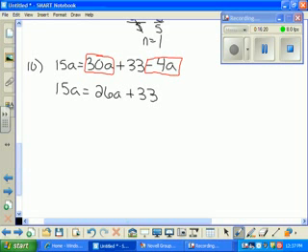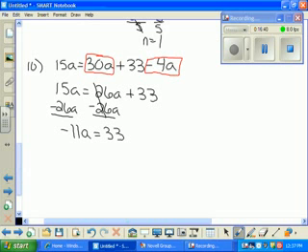Then you want to bring 26a over, so you're going to subtract 26a from both sides. What's 15 minus 26? Negative 11, right. Negative 11a equals 33. Last step. Divide 33 by negative 11 and get negative 3. Perfect. How do we do?